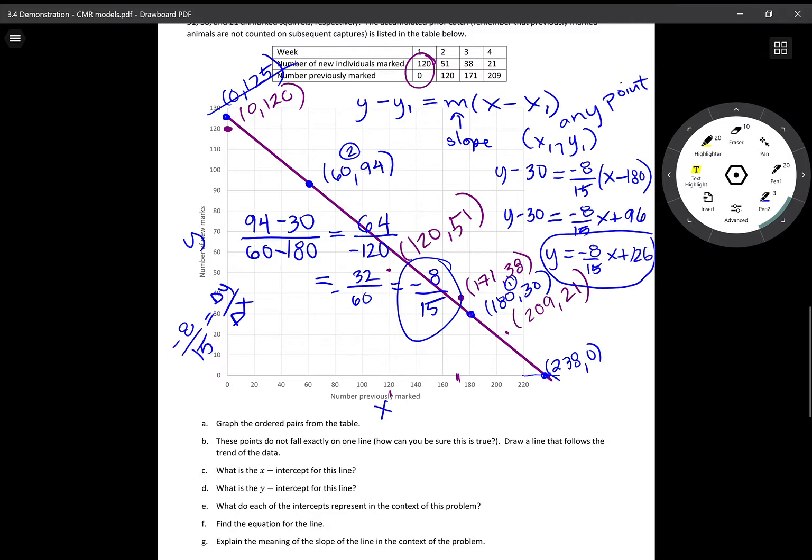So if you keep your slope as a fraction, as opposed to turning it into a decimal, which would not be wrong to do either, what I've got right now says that for every 15 squirrels that you previously marked, the number that you catch without marks or tags is going to drop by 8. So if there are an additional 15 previously marked squirrels, you're going to catch 8 fewer unmarked squirrels.